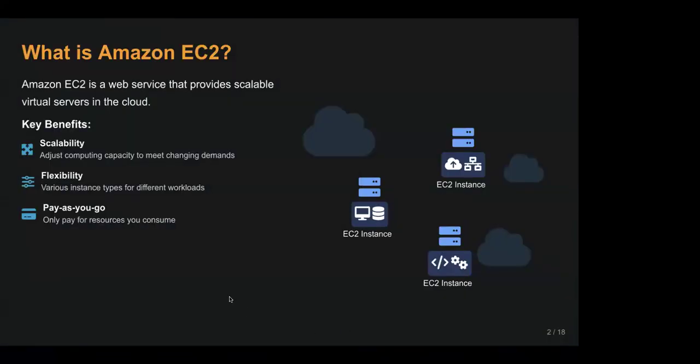So we know what EC2 is. It's a web service that provides scalable virtual servers in the cloud. So you can scale up as well as scale out. When I say scale out, you can go on creating multiple servers. Right now we are interacting with AWS, but we haven't called anybody in AWS to create an AWS account. Neither are we going to call anybody to create an EC2 instance.